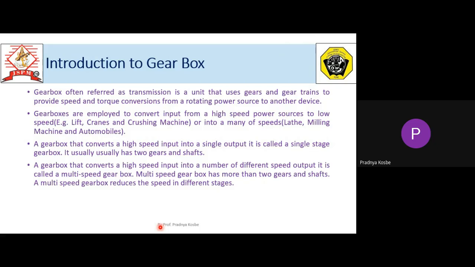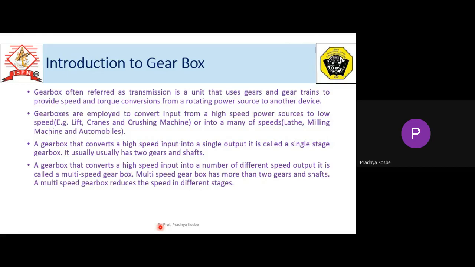Now, how many stages we are using for speed reduction, according to that, these gearboxes are classified. A gearbox that converts a high-speed input into a single output is called a single stage gearbox.